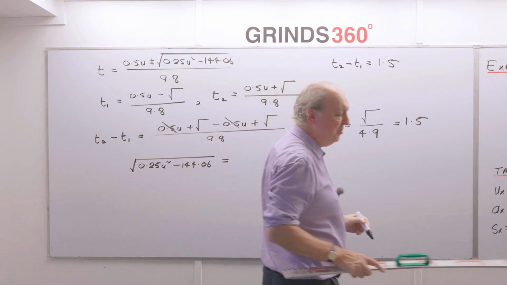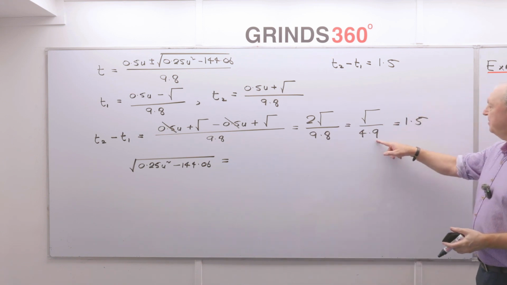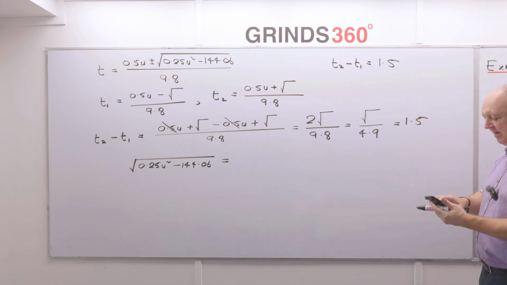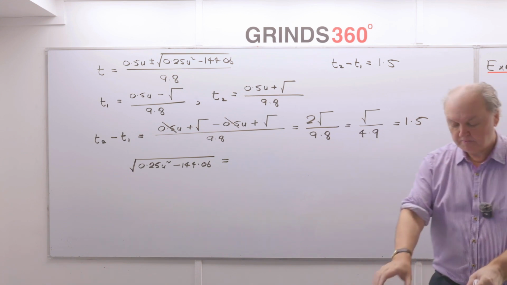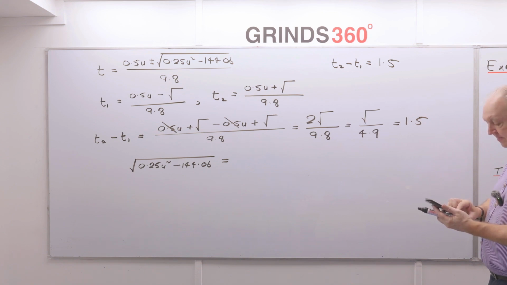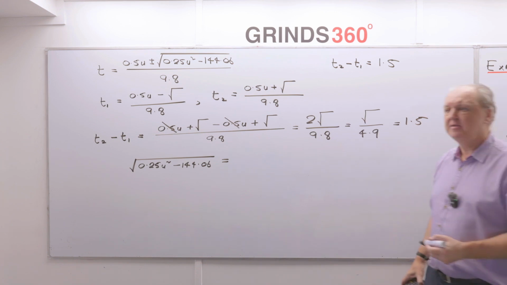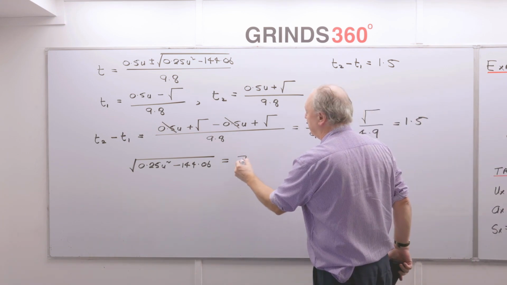And that's equal to, well, slide the 4.9 up there, so it's 4.9 multiplied by 1.5, and I get an answer of 7.35. That number actually looks familiar. I've seen that before. That was the actual height, wasn't it?